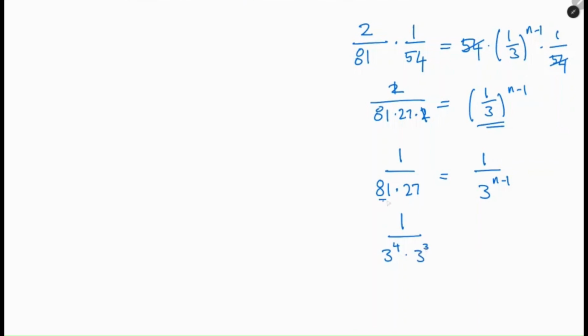So I'm just rewriting 81 as 3 to the power of 4, and 27 as 3 to the power of 3. After a while, you should get familiar with these numbers, what the squares and cubes look like. So 81, you immediately know 9 squared. 9 you know is 3 squared. 27 is 9 times 3. So over time, these numbers become familiar to you.